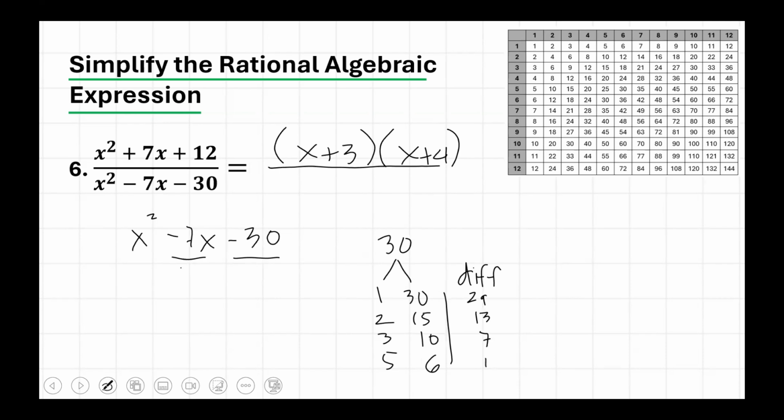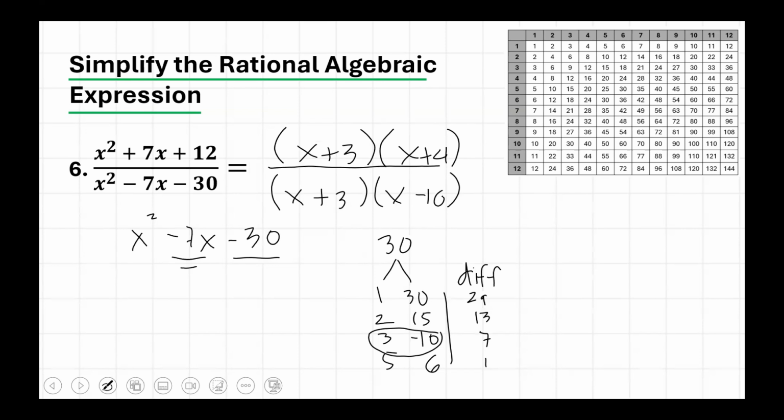Since we have negative 7, we're going to pick these factors. And since it is negative 7, the negative sign goes to the bigger number. So 3 and negative 10 are the factors. Let's write them inside the two parentheses: x plus 3 and x minus 10.